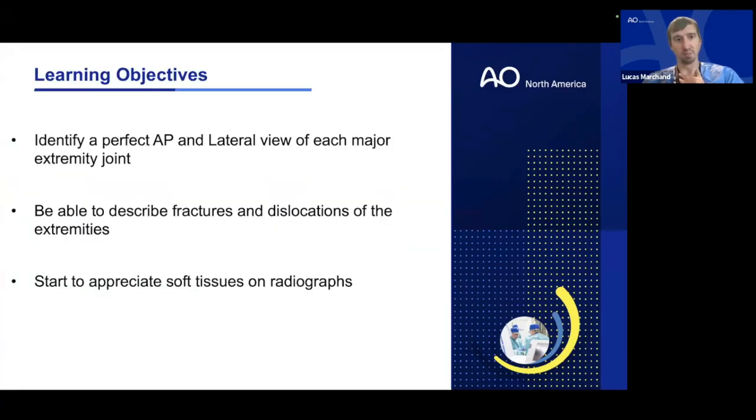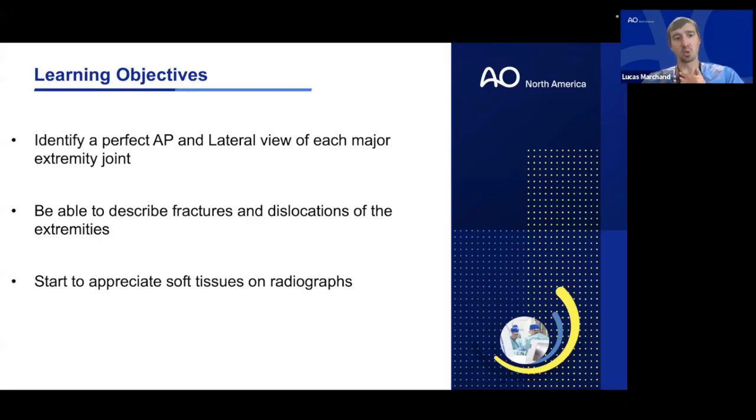So objectives today, we're going to identify what a perfect AP and lateral view of each major extremity joint is, specifically the shoulder, the elbow, the knee, and the ankle. We're going to skip the wrist for today and also the hip, because we're going to come back with a dedicated hip series later on in our lecture series.